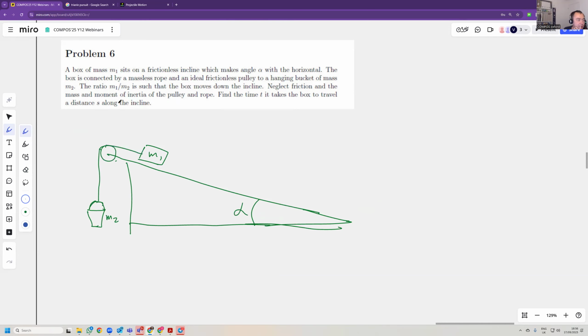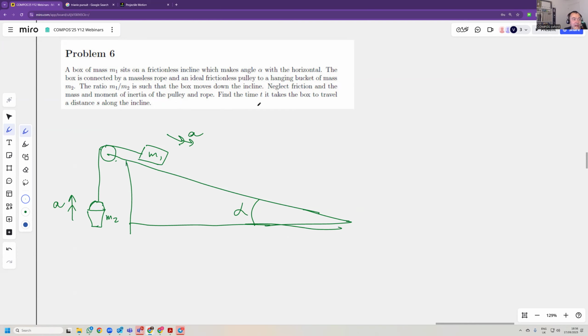Then the ratio of M1 to M2 is such that the box moves down the incline. So the box accelerates down the incline. So the bucket must move up. Neglect friction and the mass and the moment of inertia of the pulley and rope.